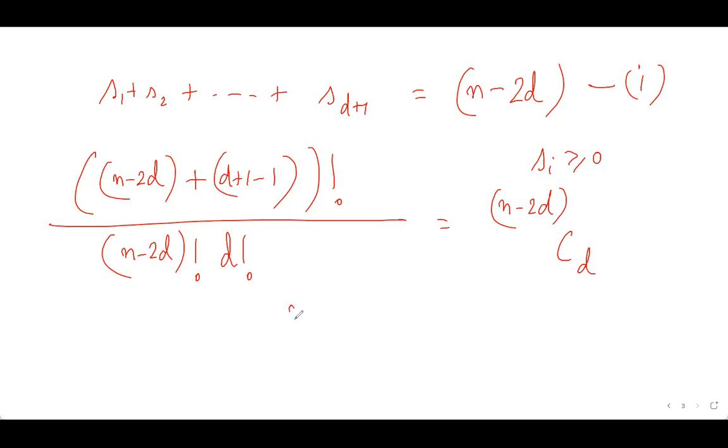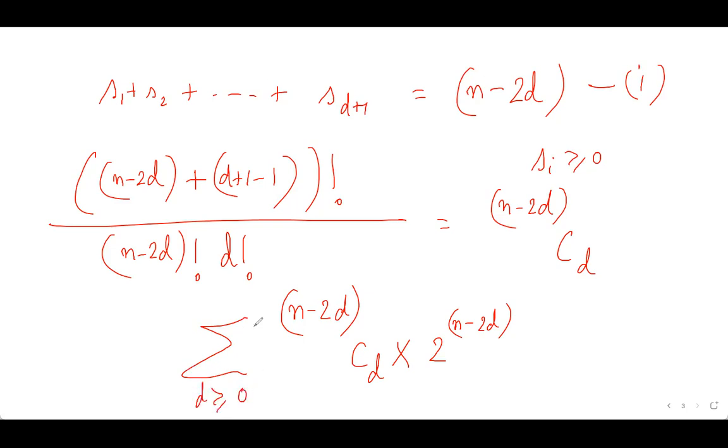And each time I place them, the remaining n minus 2D places can be filled up in 2 ways, either red or blue. So times 2 to the power n minus 2d. And since there could be 0 black tiles, there could be 1 black tile, and so on, d is greater than or equal to 0.